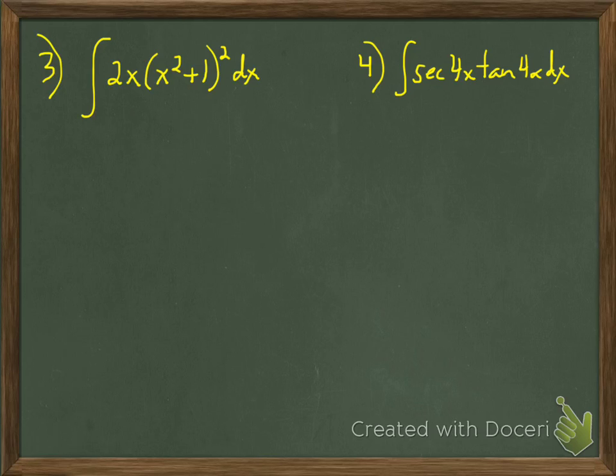Again, examine, see if the stuff in parentheses has a derivative other than just 1. So u equals x squared plus 1. du equals 2x dx.